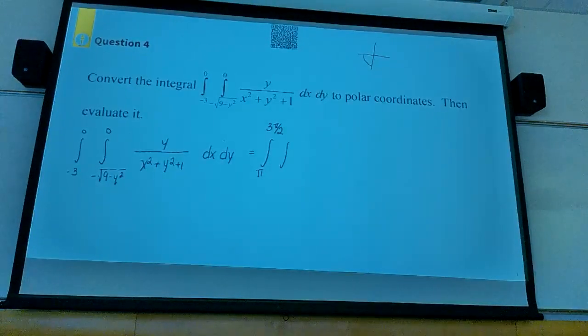What's the radius? Where does the radius go from? Or I don't want to say radius. What does the radial bar go from? Zero to 3. You now need to write your integrand in polar coordinates.